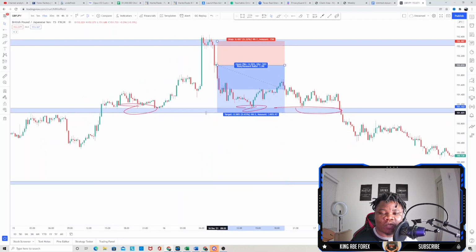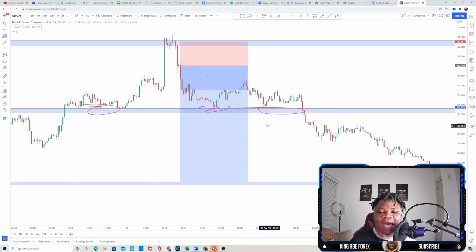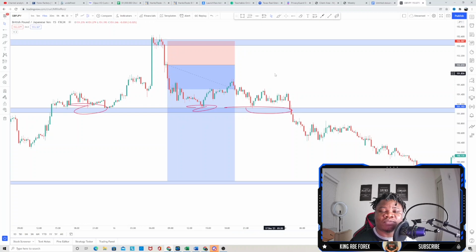I can have one take profit here for about 100 pips, and once my first take profit hits, guess what I'm going to do? Once my first take profit gets smashed, I'm going to look for the most recent low or the most recent high, and then I can move my stop loss so that I'm in a risk-free trade.